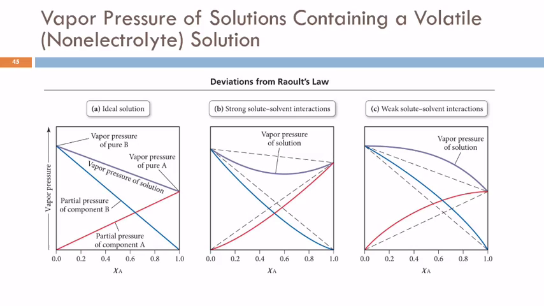Because the solvent and the solute are attracted to each other, their rate of evaporation is going to be less. And so you'll get this big sag in your vapor pressure. If the solute-solvent interactions are weak, then they're not enjoying being together, and they're going to get out faster than if they weren't together, and then this gets bowed up.